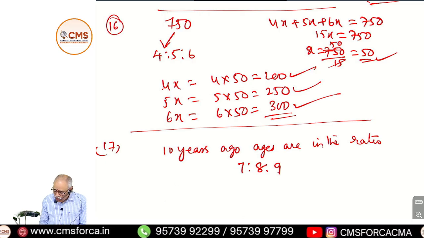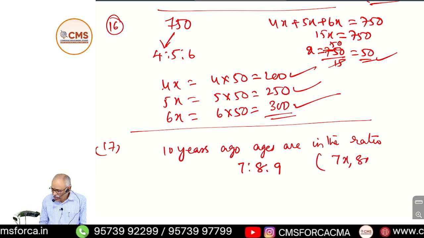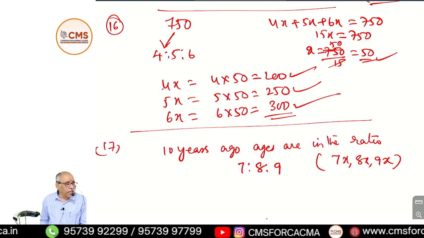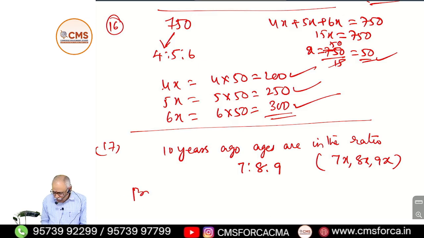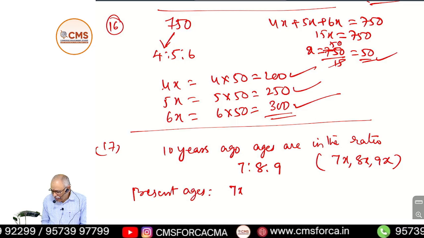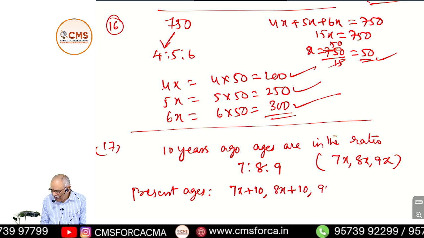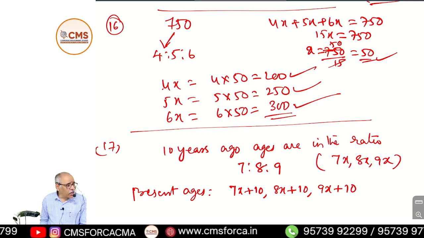10 years ago their ages were 7x, 8x, 9x. What are their present ages now? Present ages are 7x plus 10, 8x plus 10, 9x plus 10. Understood or not?